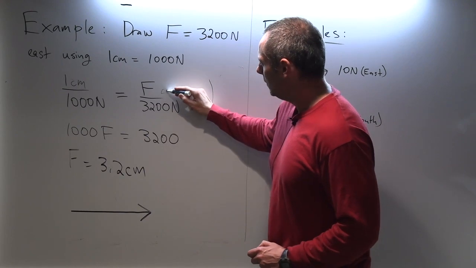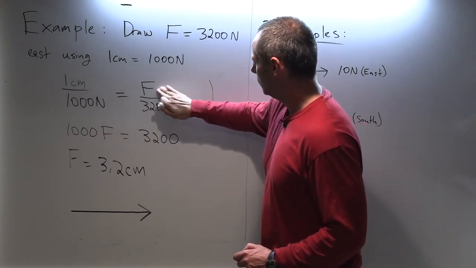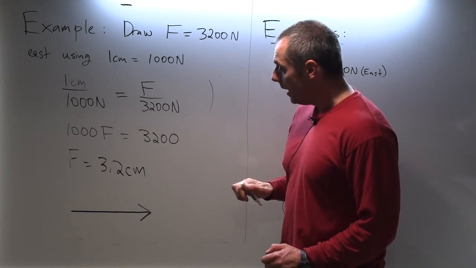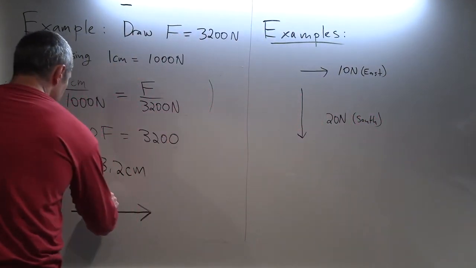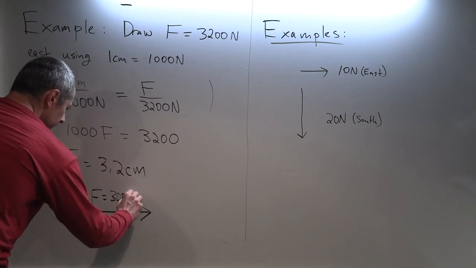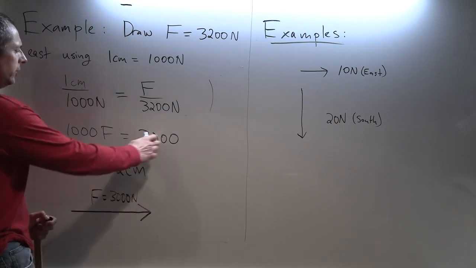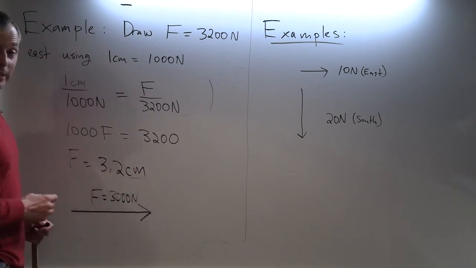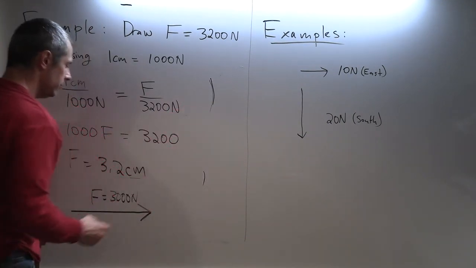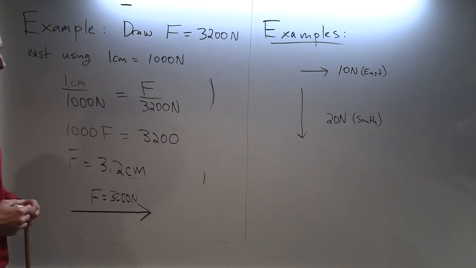This doesn't need units because it's a variable. But newtons here, okay? And I probably should have labeled this F equals 3,200 newtons. Now you don't need units in your algebra, but you need units in your answer. So that's units in the first step, units at the end, okay?